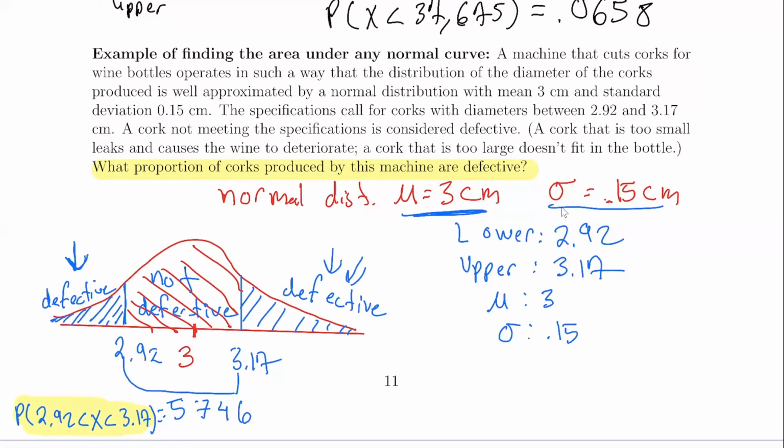All right. So just remember, this is the probability that the cork is not defective. We want to find the probability that the cork is defective. So you want to do 1 minus the probability it's not defective. And let's see, what do we get? So we'll say 1 minus 0.5746.